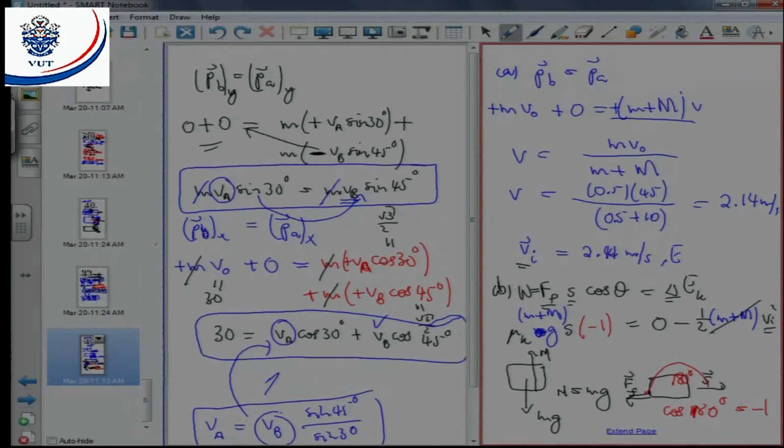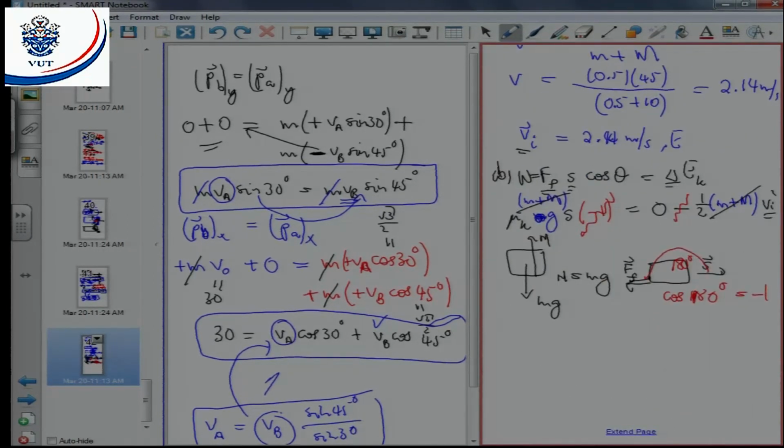So the m plus M cancels on both sides. The minus 1 cancels that minus. So what we are left with is that s equals vi squared over 2 mu k g.